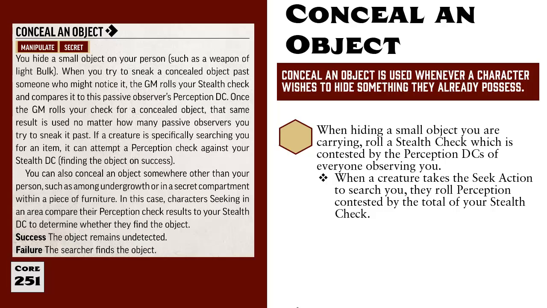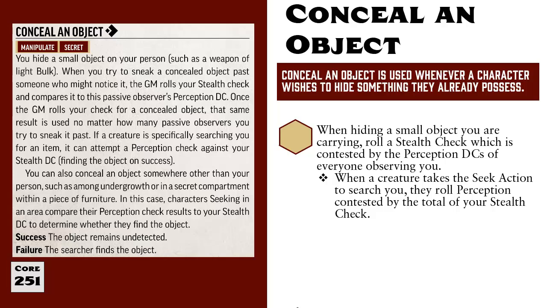For example, you walk up to the door of a ballroom with 2 guards standing outside. They're checking guests before they enter for weapons, and you have a dagger hidden on you. On your turn, when you approach the guards, your stealth check would be rolled, which would then be contested by their perception DCs. Then, on the guards' turns, one of them takes the seek action to actively look you over before letting you pass.